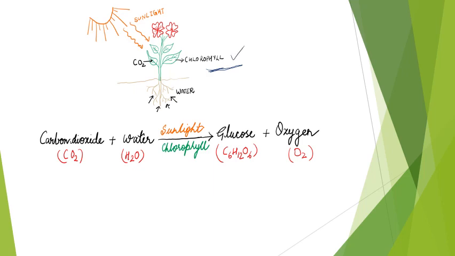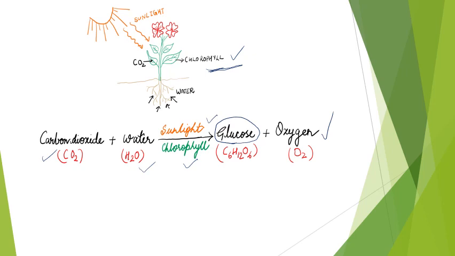This chlorophyll pigment traps the sun's energy, and the green plants absorb atmospheric carbon dioxide and absorb water from soil, and in the presence of sunlight and chlorophyll they produce glucose, and oxygen gas is released.